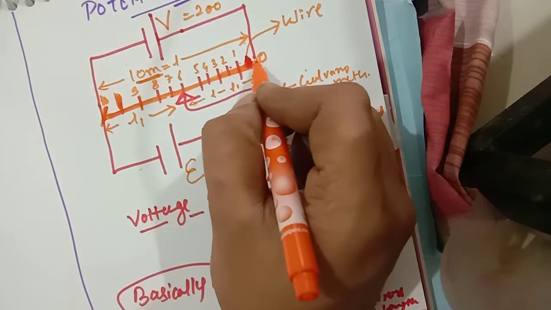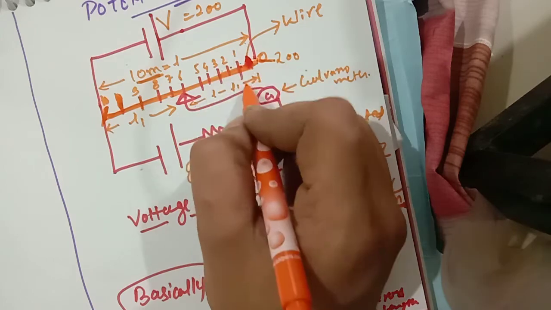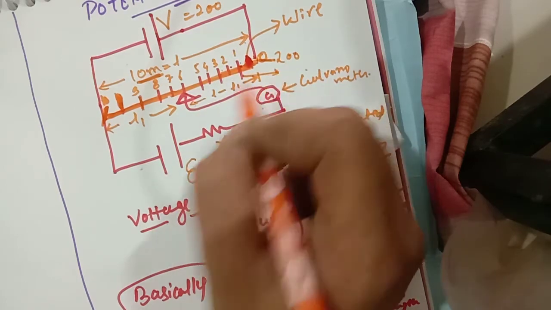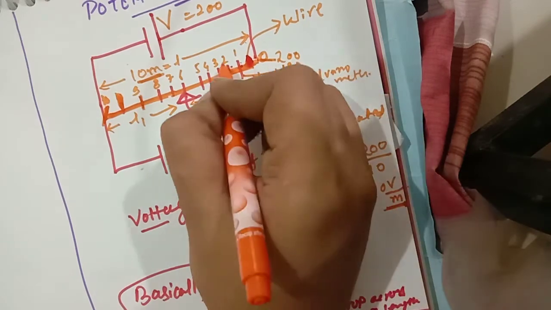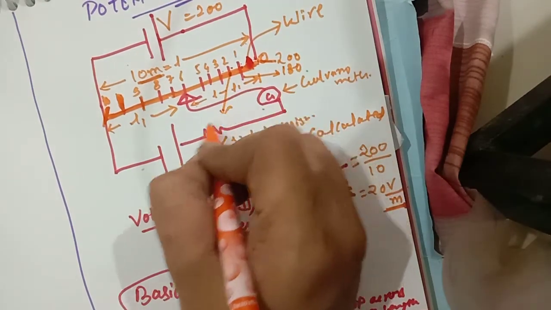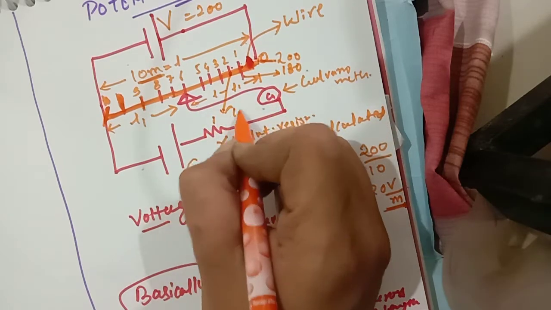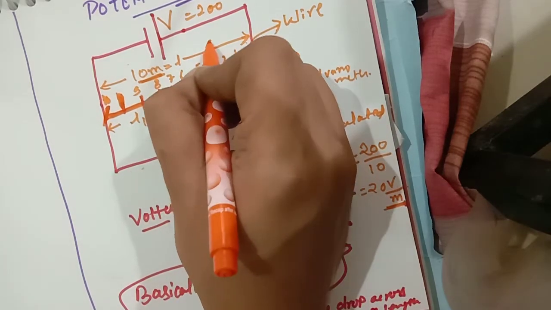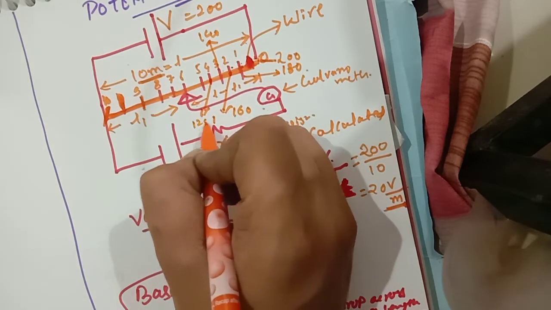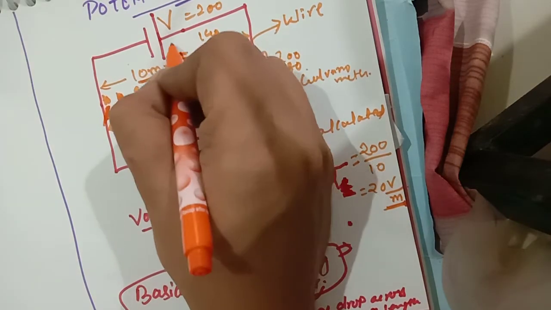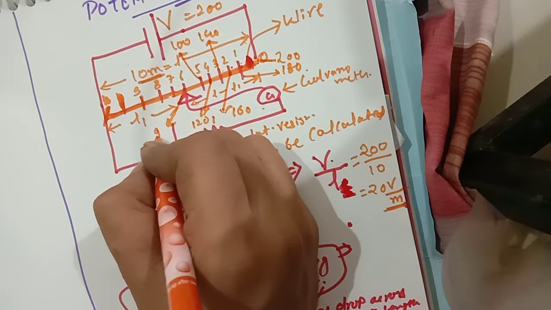Look at over here, it is 200 volt. Over here, how much will it be? 180. Over here 160. Over here it will be 140. Here it will be 120. Here it will be 100. Here it will be 80.